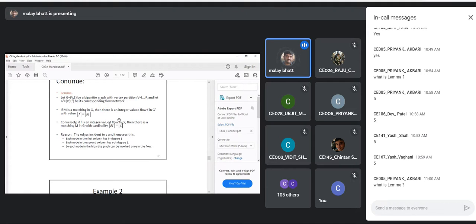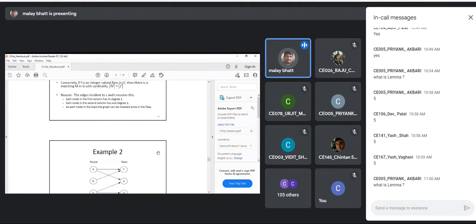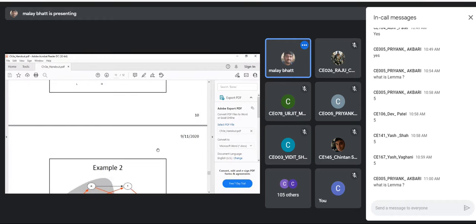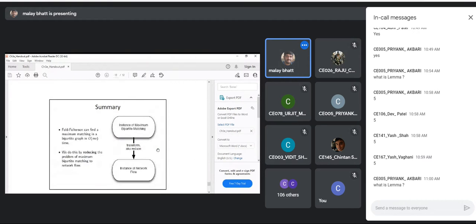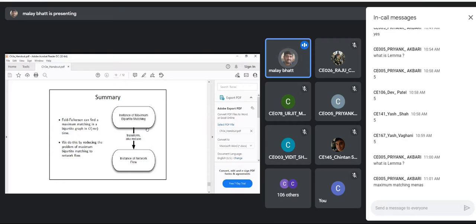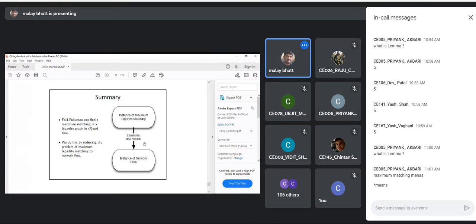So that means these two problems are reducible to each other. You can reduce a bipartite matching problem into a flow network. And this reduction time is very small.